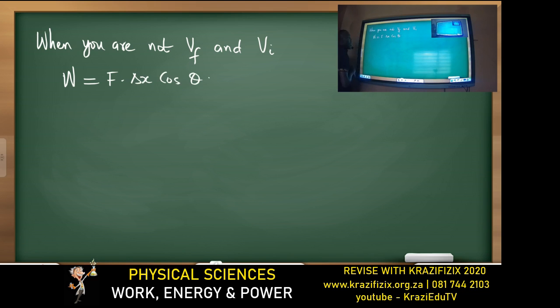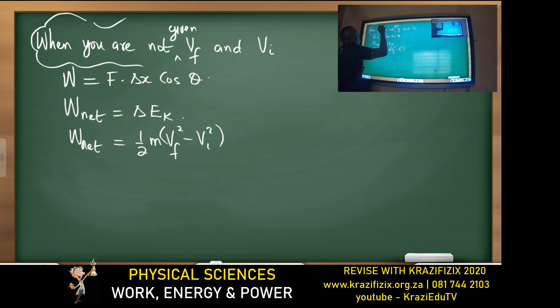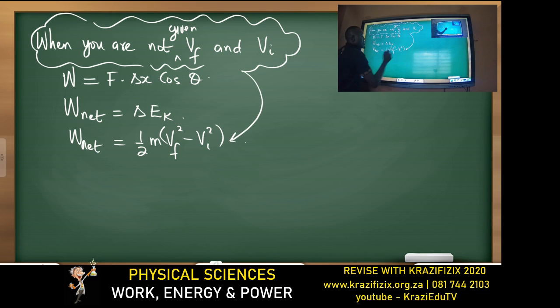My net work is the change in kinetic energy, so W net equals half m times Vf squared minus Vi squared. But when you are not given Vf and Vi, I can then introduce my equations of motion.